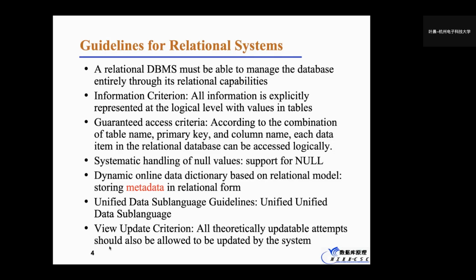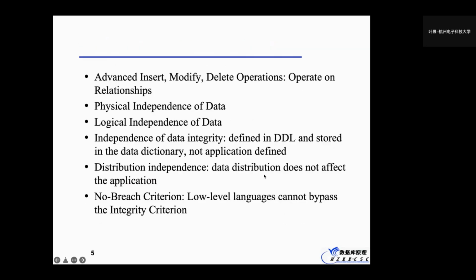And also it should have high-level insert, modify, and delete operations. And that means operations on the relations. And we have the physical independence of data and the logical independence of data, and the independence of data integrity, which is defined in the data definition language and stored in the data dictionary, and not application defined.